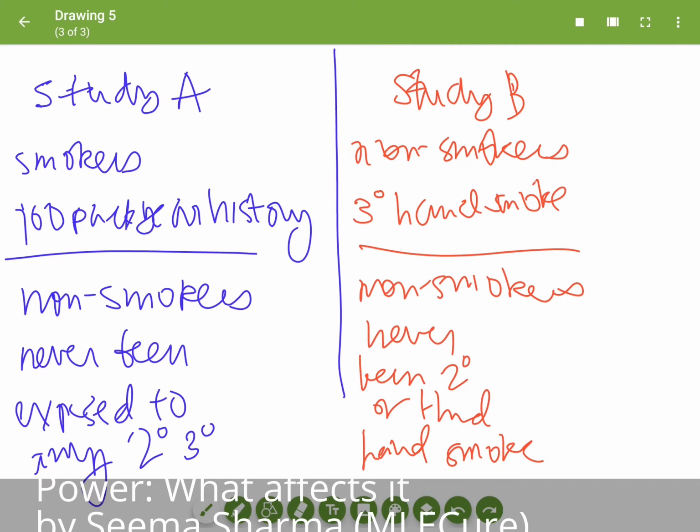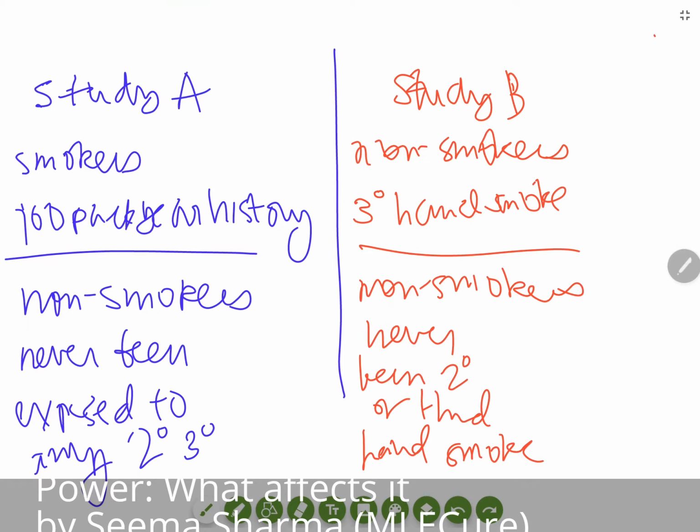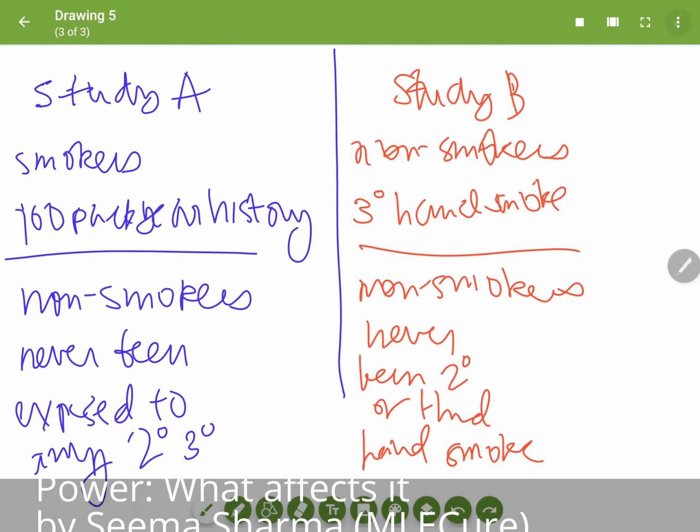So now I'm going to go over the changeable, dynamic factors. The first one is one that if you ask any basic science student, he or she will know. And that is, you increase the sample size, you increase the power.